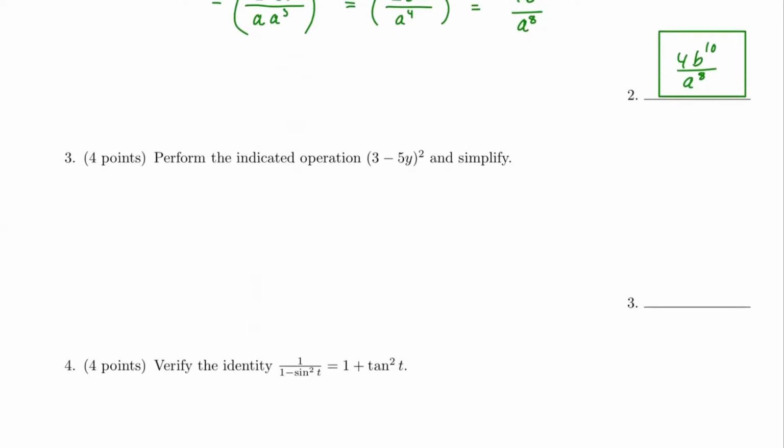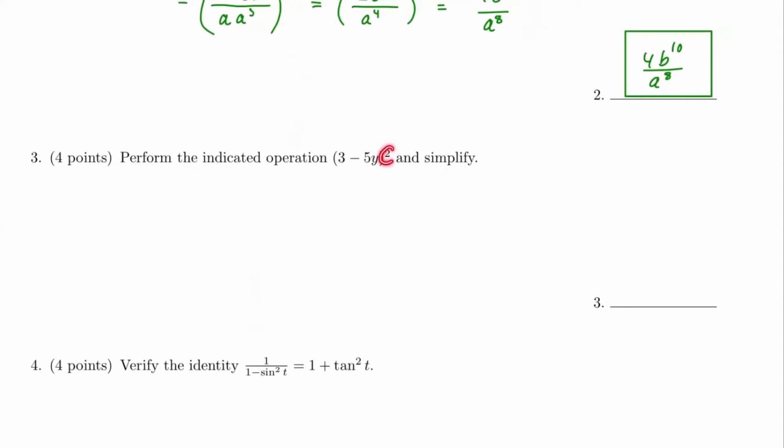Moving on to the next problem. We're going to go ahead and expand this and simplify. So again, the power means you have the same term twice. So we're going to go ahead and expand that. So you'll have 3 minus 5y times 3 minus 5y. So again, distribute this term to that term, this term to that term. So this is equal to 3 times 3, that's 9. 3 times negative 5y, that's negative 15y.